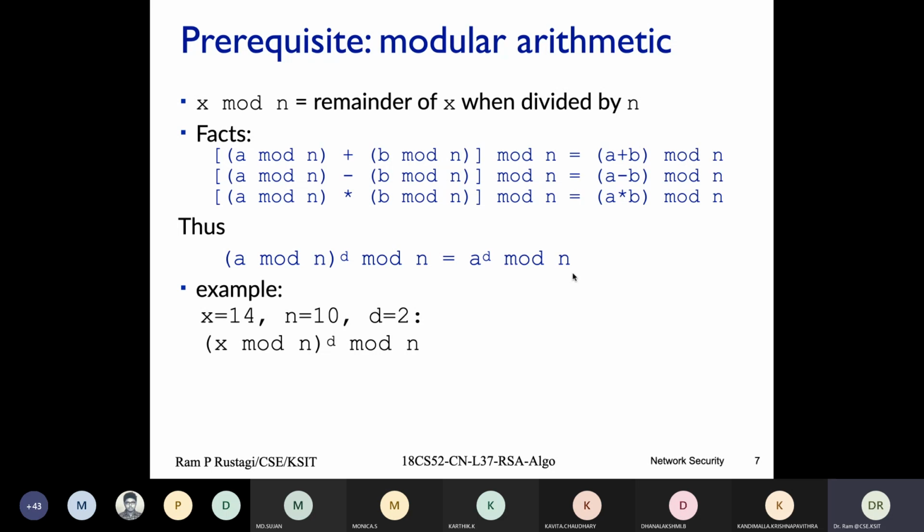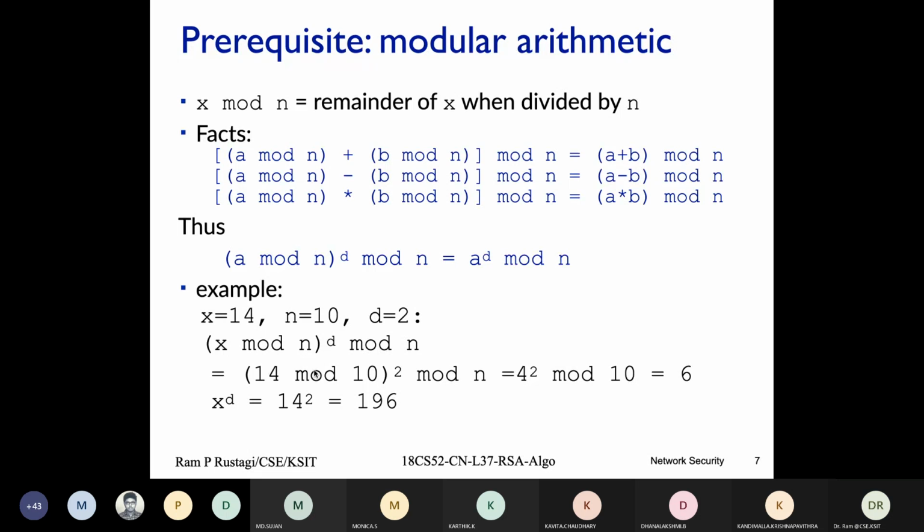Consider x equal to 14, n equal to 10, and d equal to 2. Let's look at (x mod n) power d modulo n, which is (14 modulo 10) power 2 modulo 10. 14 modulo 10 is 4, so that means 4 squared modulo 10, which is 16. 16 modulo 10 is 6.